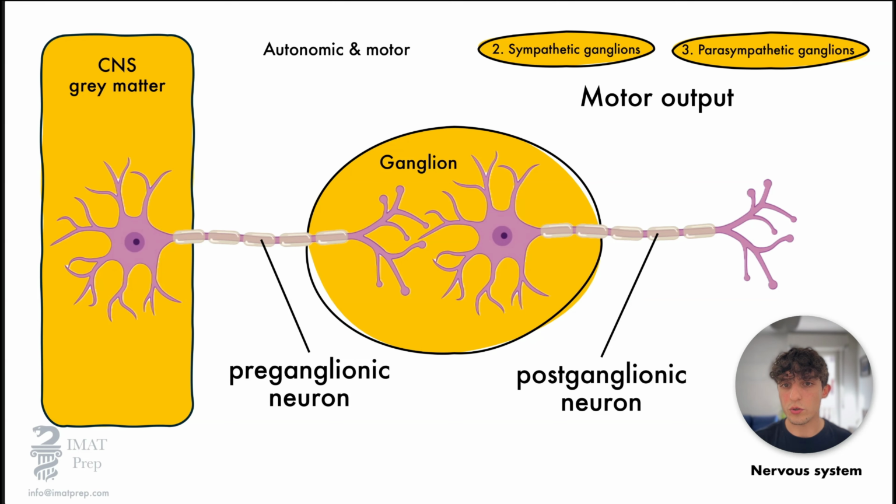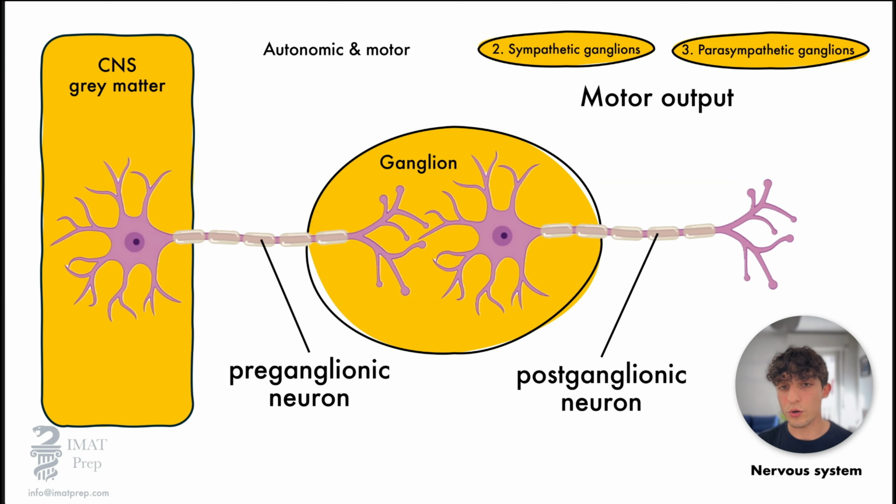But here, when we're talking about the sympathetic ganglions and the parasympathetic ganglions, we're talking about the autonomic and motor divisions. And this shouldn't come as a surprise, because we have divided the autonomic nervous system into sympathetic and parasympathetic, and we have mentioned that these two systems were actually motor systems. They weren't gathering information, but rather they were telling the body how to react in a certain situation.